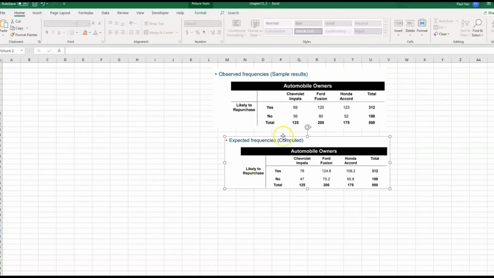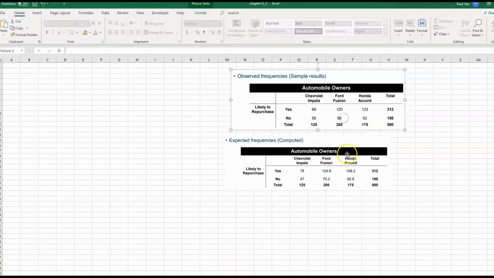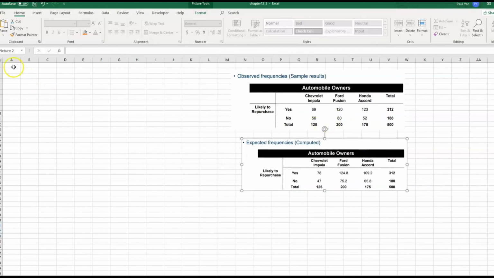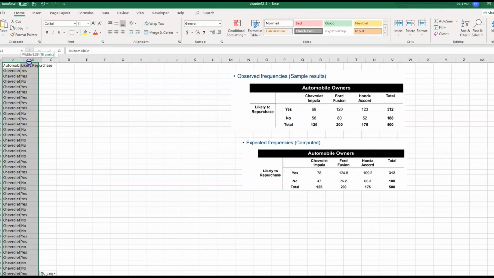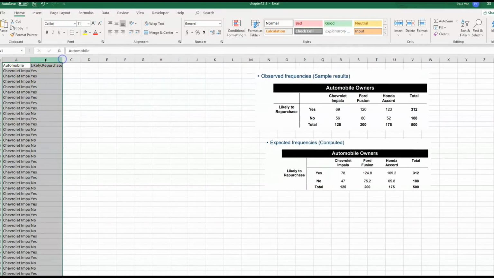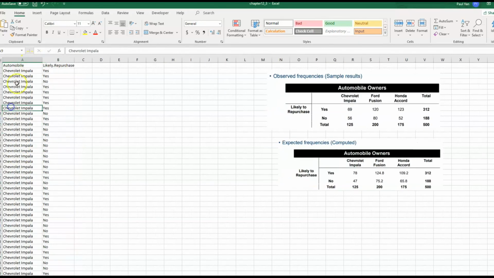Okay. And I posted these 2 tables here already. Let's choose A1 and we paste our data here. We have 2 columns. The first column is automobile.